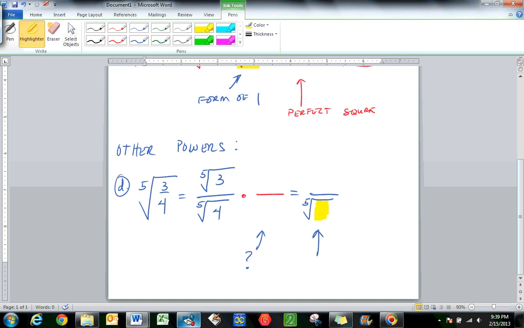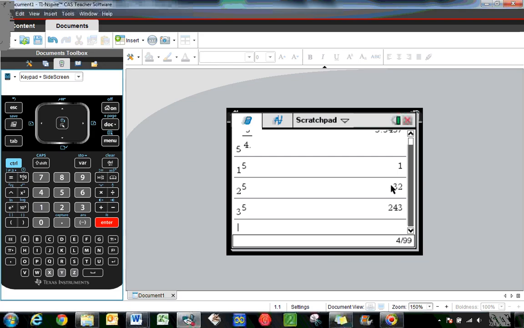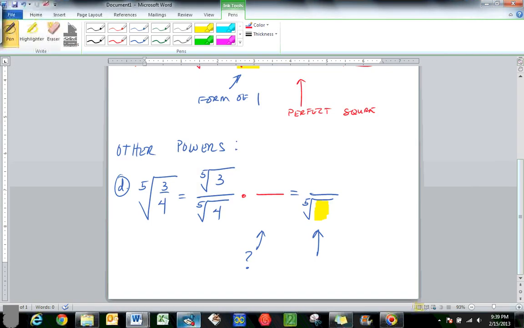But what we have to consider is that that number that we're going to get in there is also a multiple of 4. And if we look back at this, we can see that 32 is a multiple of 4. So if I were able to get a 32 there, that would in essence give me the 5th root of 32, which would be 2, and that would clear that 5th root.